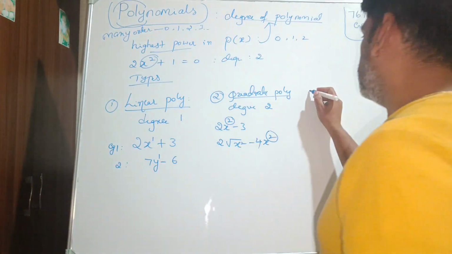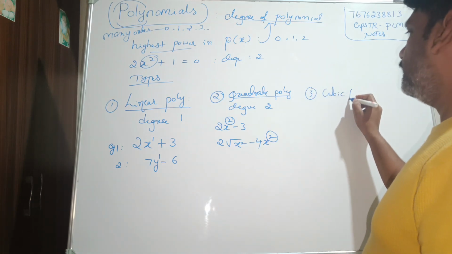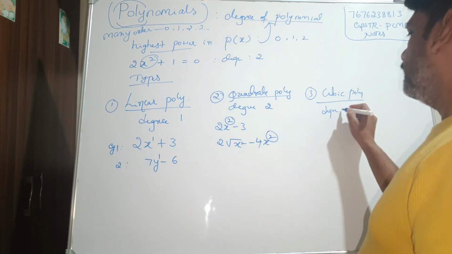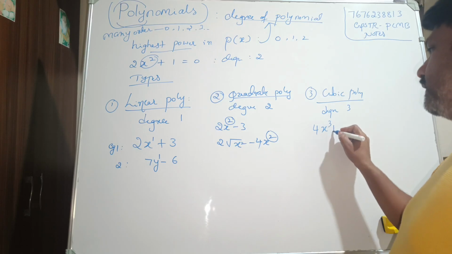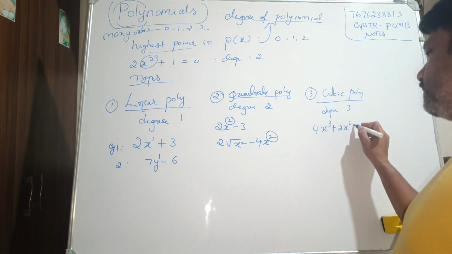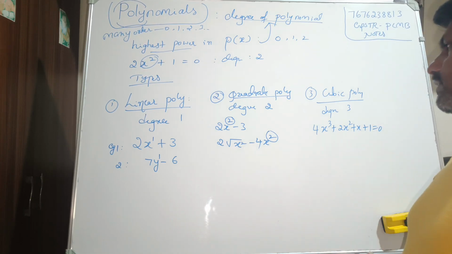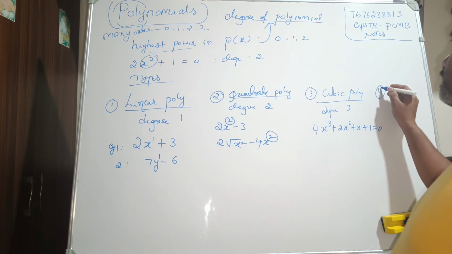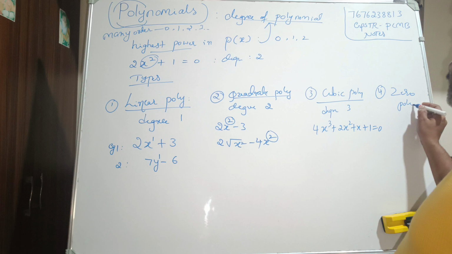Next, the third one. It should have 3 orders, right? Cubic polynomial. What is the degree? It is 3. How can we write that? 4x cube minus 2x square plus x plus 1 is equals to 0, right? So this is a cubic polynomial. The last one is called the zero polynomial. What is the meaning of zero polynomial?